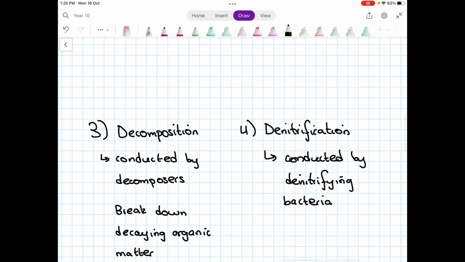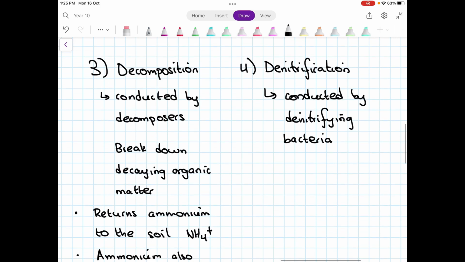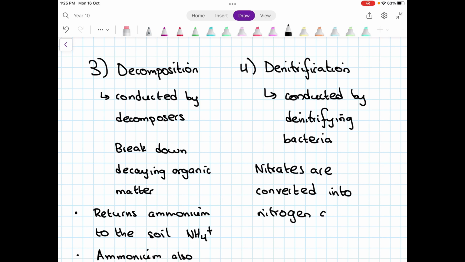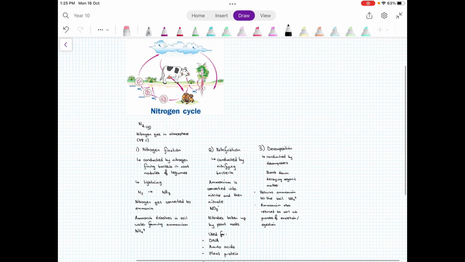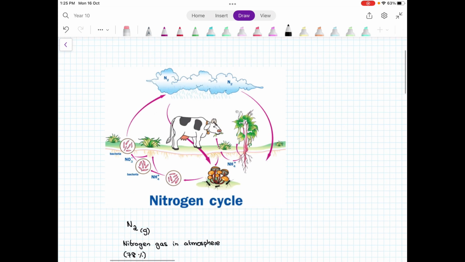And in the step of denitrification, nitrates are converted back into nitrogen gas in the atmosphere. So what this does is it returns nitrogen back to the atmosphere, therefore completing the cycle.